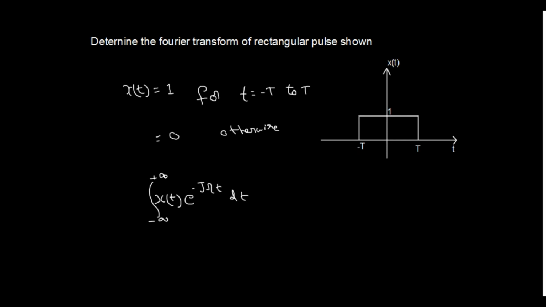This is the basic definition. So now here the signal value is only present from minus T to plus T and that value is 1, so we integrate e power minus j omega t dt.